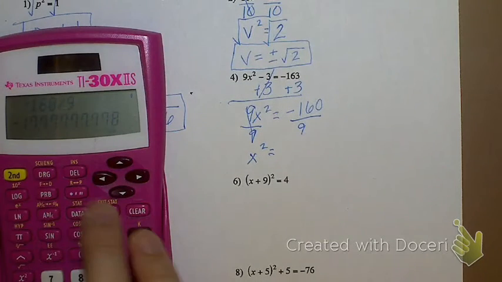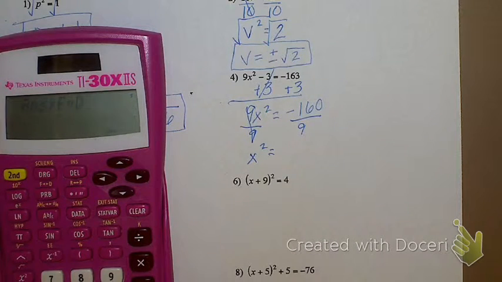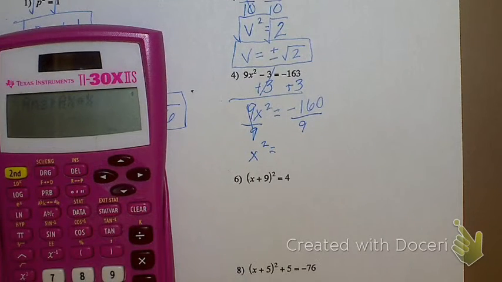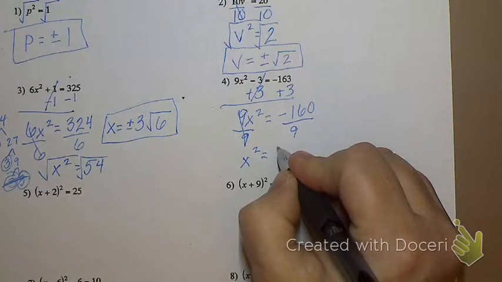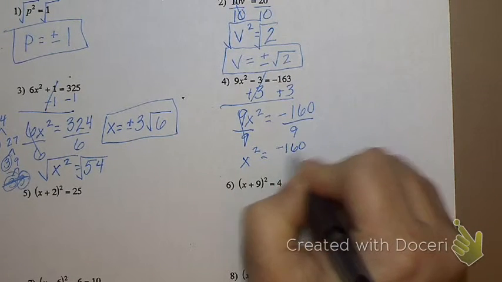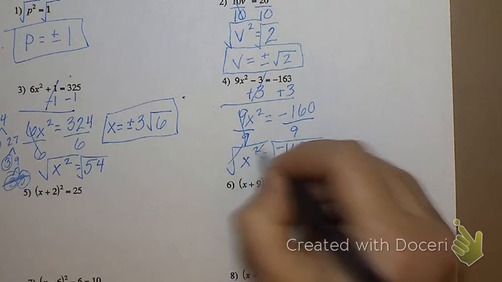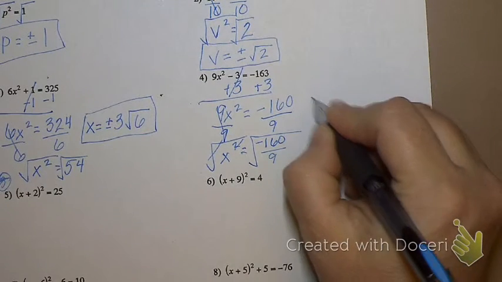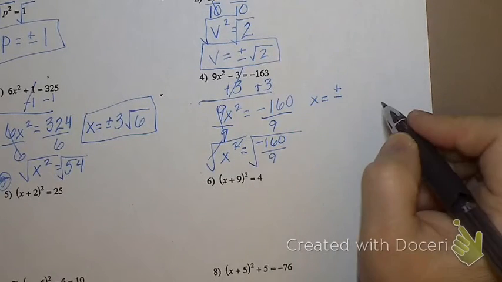I don't know that it reduces at all, does it? Nope, that's as low as I can go. All right. How do I square root something like that? So you got to square root both. I have to include my plus or minus out front, right?